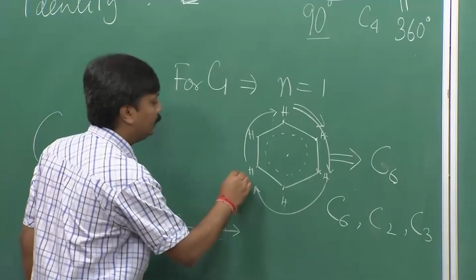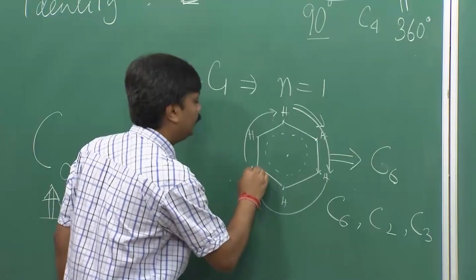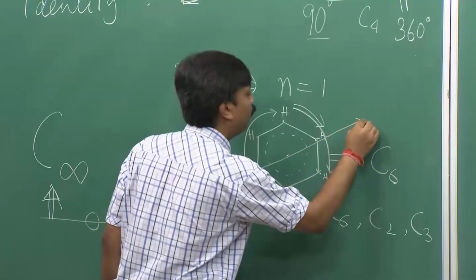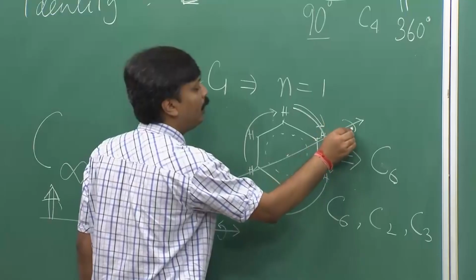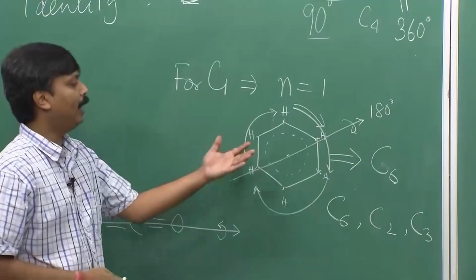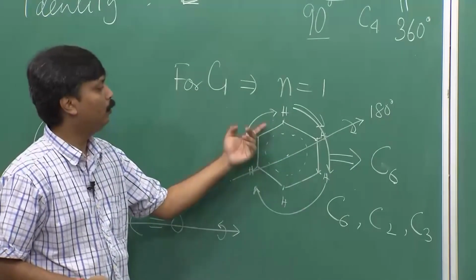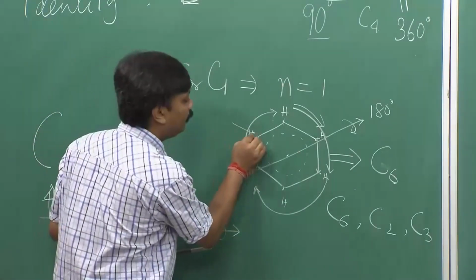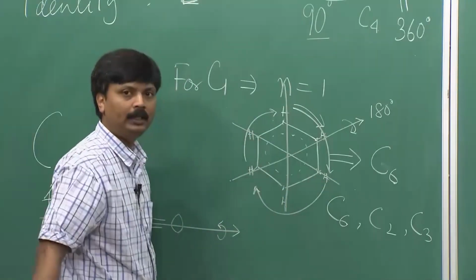But there are other axes, like if you connect this hydrogen to this hydrogen, you find a symmetry axis here, about which if you give a rotation of 180 degrees, you will find an identical structure, because this will come here and this will go here. So it is just a flipping. Similarly, this will do the same job, this will also do the same job.